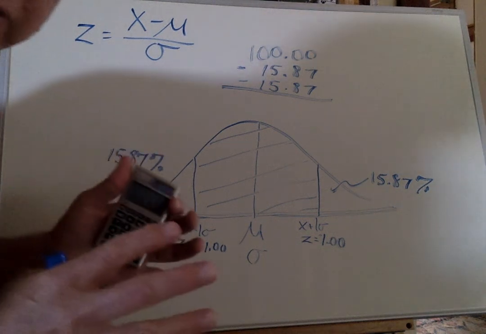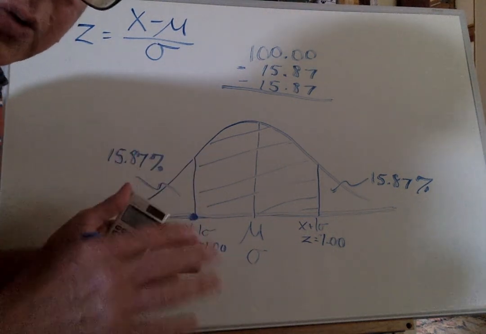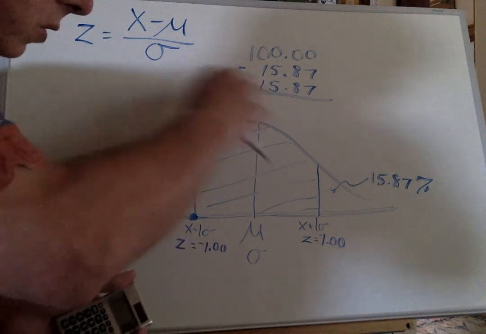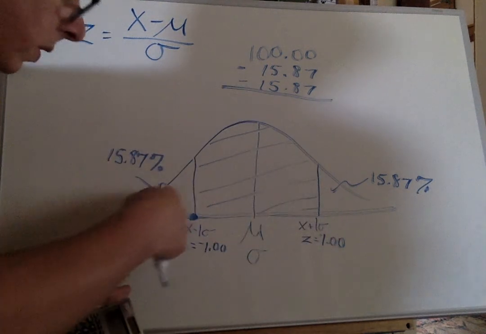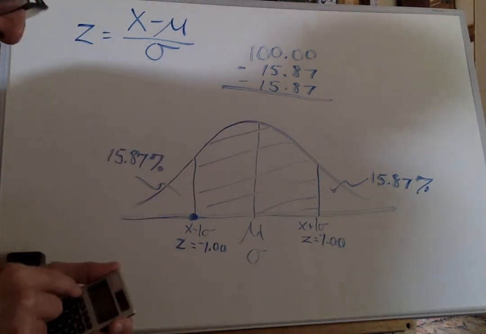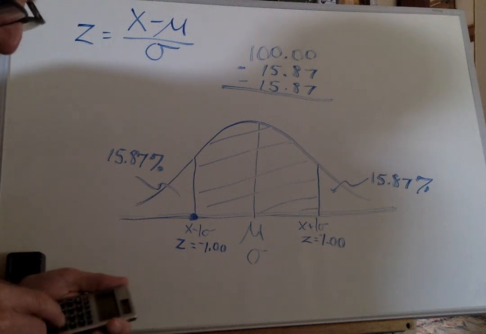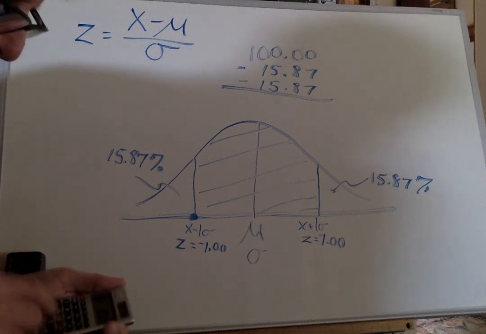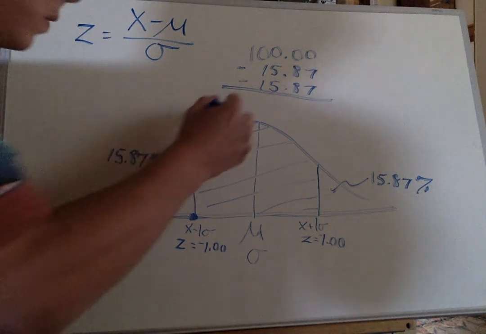It's very physical. It's very concrete in a way. We have this whole curve. We don't want this. We don't want this. And so what's left over? 100% minus 15.87 minus 15.87. So what's left over?